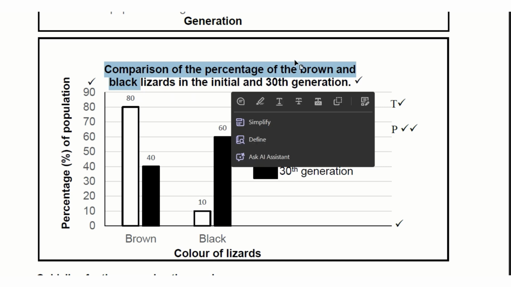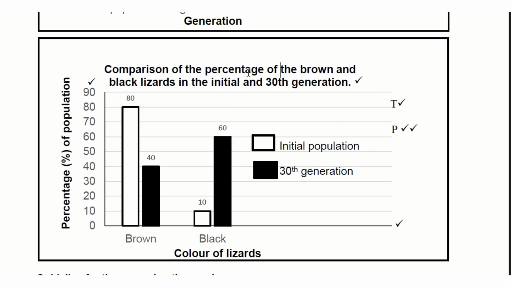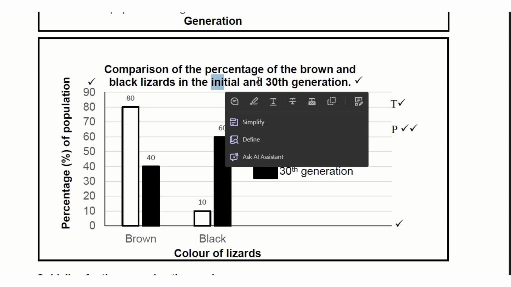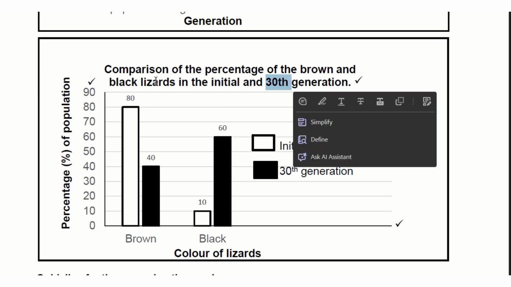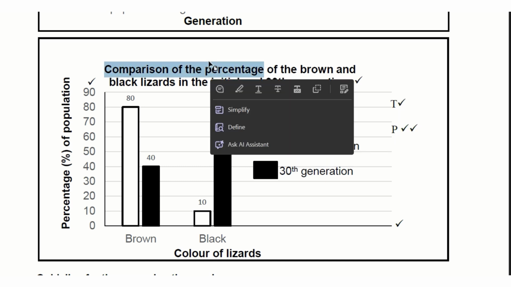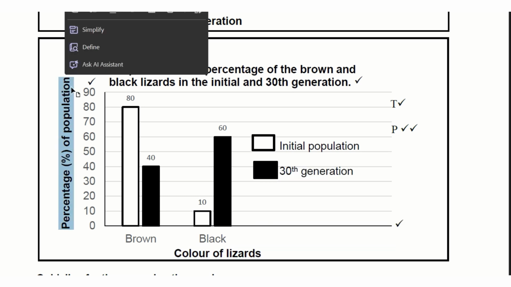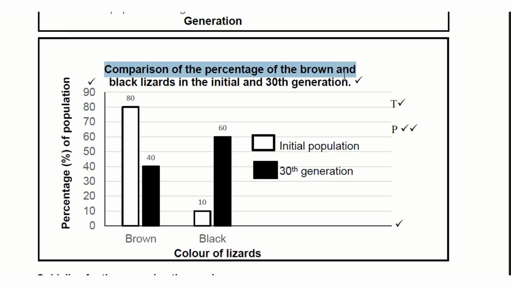So the percentage of lizards, not the survival rate of the lizards, the percentage of lizards in the initial and 30th generation. So you see here that they do not talk about the survival rate or the color of the lizards. They mention the color, but they use specifically the axis. So whatever's on your axis must go in your heading.